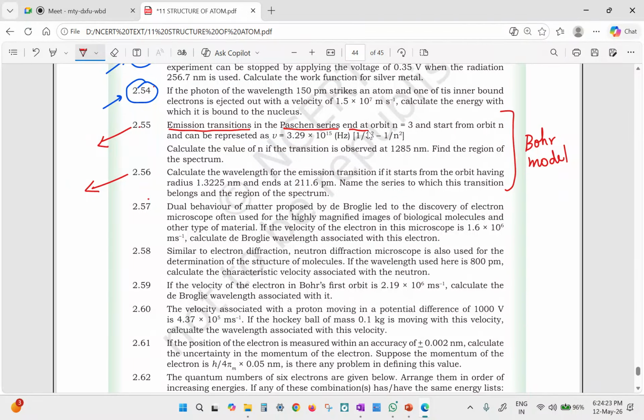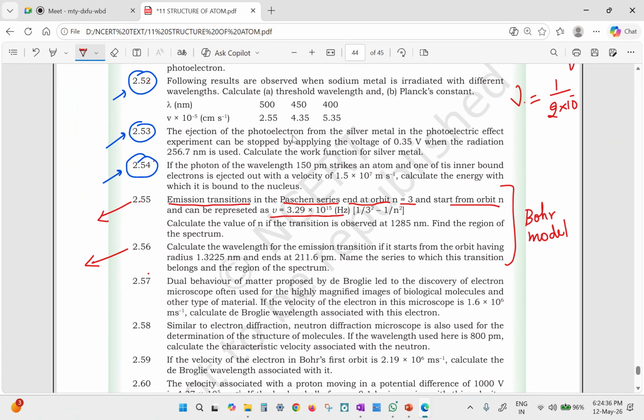Paschen series ends at the orbit n is equal to 3, starts from n, and can be represented with the same equation in modified form. Don't wonder what it is. We know the Bohr's model.